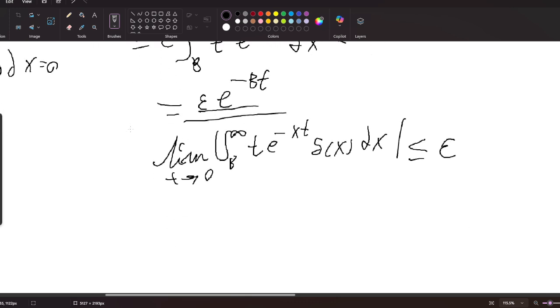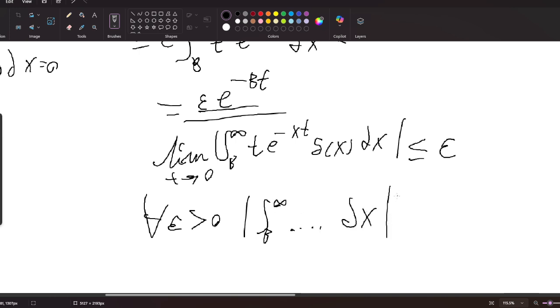Alright, and now given this, what we can say is that for every epsilon greater than 0, the absolute value of the integral from b to infinity, I won't write it down here, you know what is located there, is going to be less than or equal to epsilon.